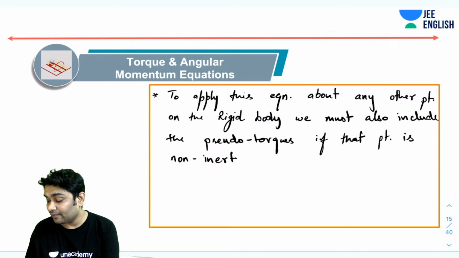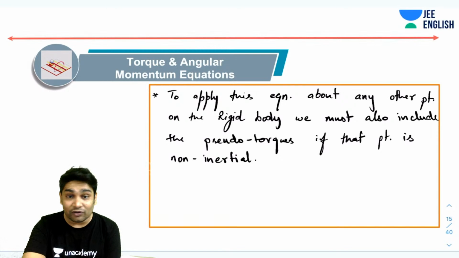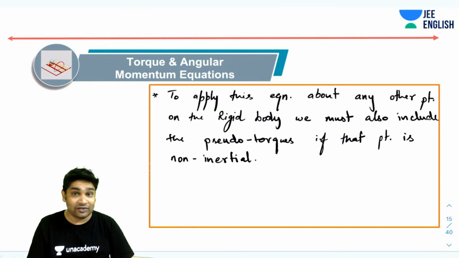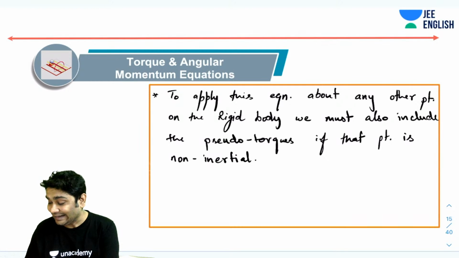Okay. So what is pseudo torque? Pseudo torque is the torque which would come into play due to the pseudo force. Whenever you are analyzing something from a non-inertial reference frame, you know that you have to apply pseudo forces. Otherwise, your equations of Newton's laws do not work.